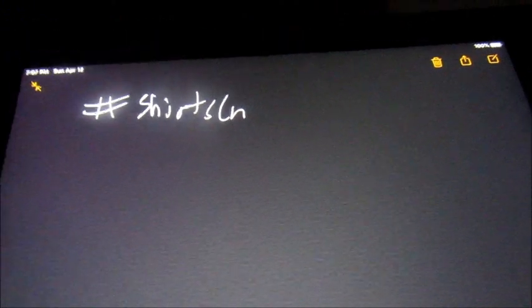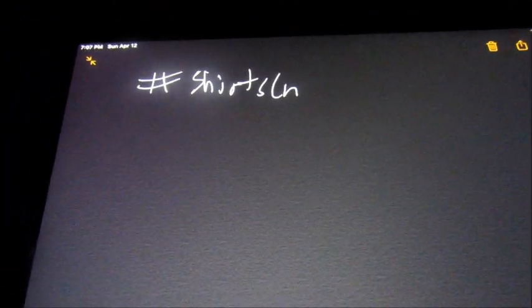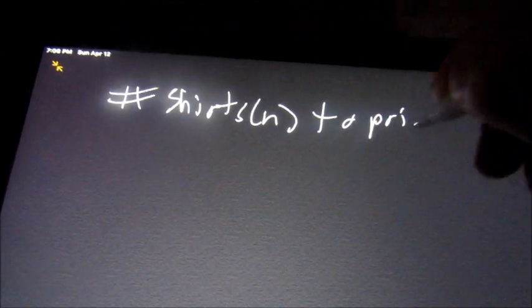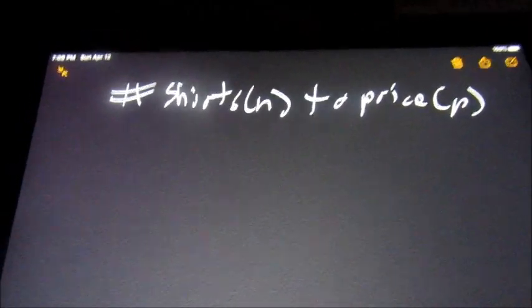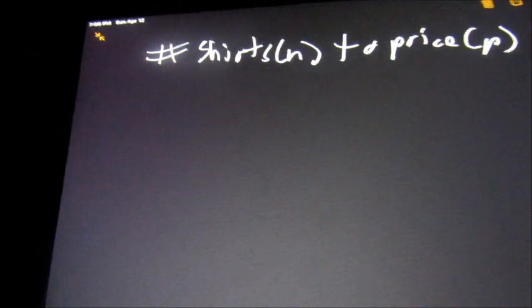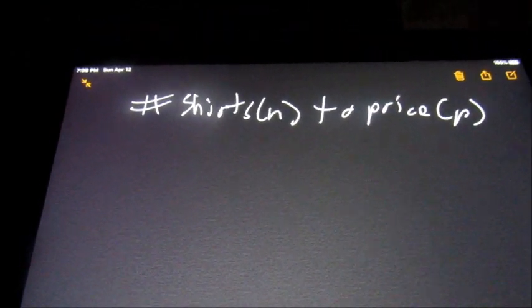So it says the number of shirts, N, compared to the price, P. It says that 5,000 shirts can be sold if they charge $79.